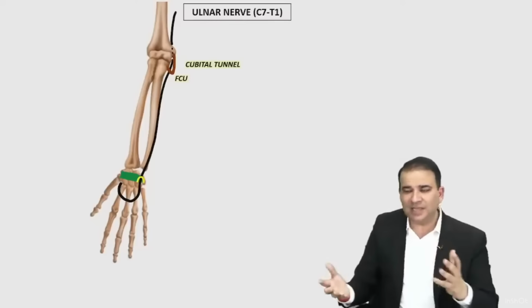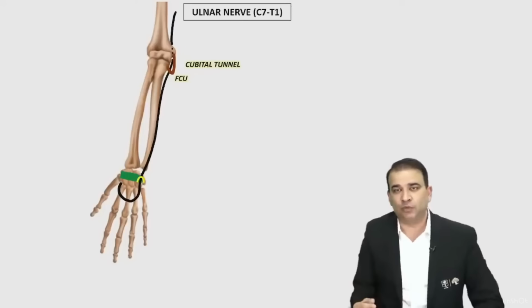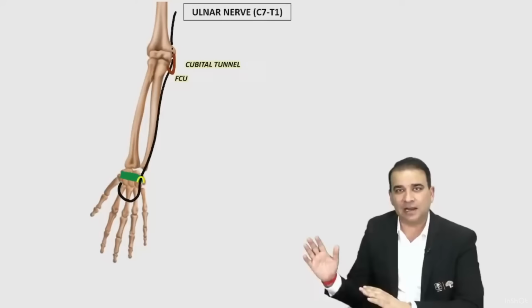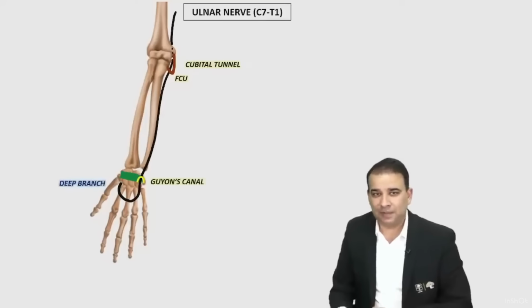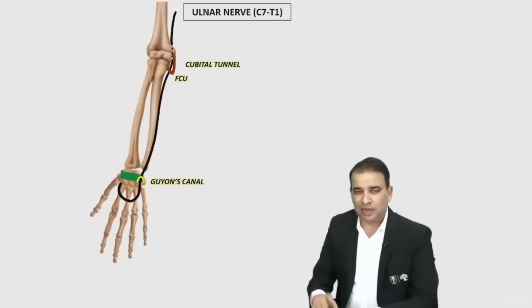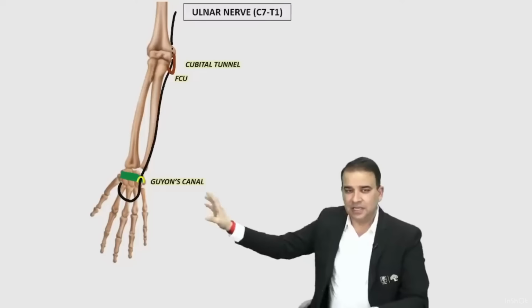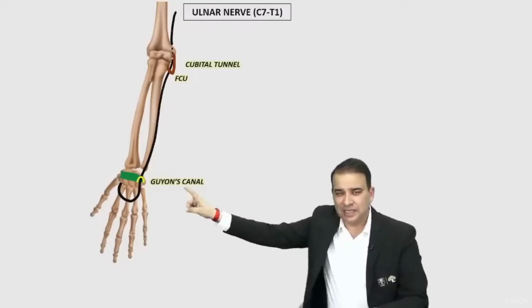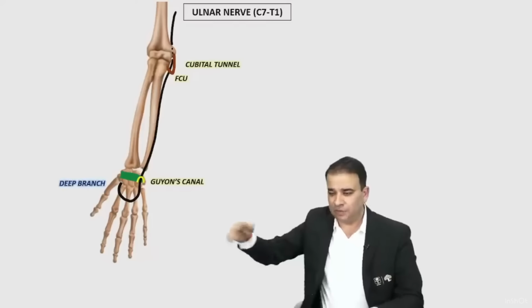And then the only thing left for the ulnar nerve to supply in the forearm is flexor digitorum profundus, medial half. Lateral half is done. The medial half of flexor digitorum profundus will be supplied by it. The sequencing is a little different in this. So the nerve is going through Guyon's canal, guys. The main trunk of the ulnar nerve, the deep branch, is the one which makes an arch in the hand.